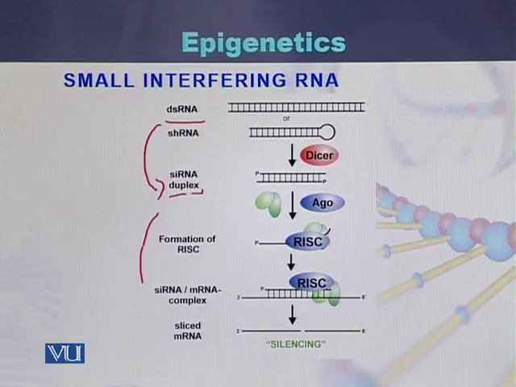That single-stranded RNA forms a complex with the messenger RNA. When this siRNA forms the complex with the messenger RNA, it blocks the translation of the messenger RNA and silences that messenger RNA, so the gene will no longer be functional. So small interfering RNA is also a phenomenon behind epigenetics.